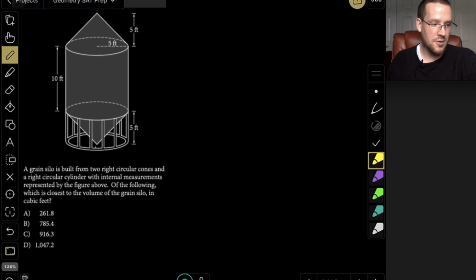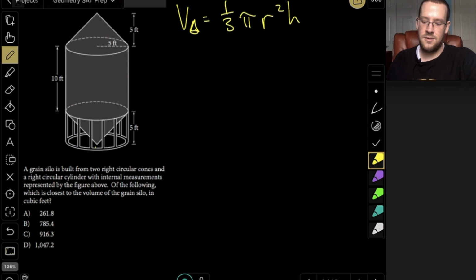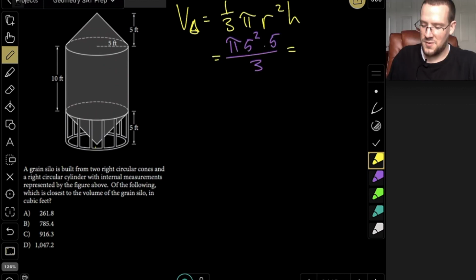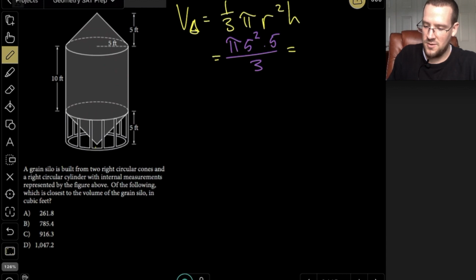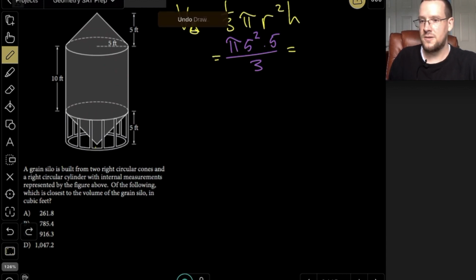So this is the volume of a cone. And again, this is given to us in the beginning. So the volume of the cone is going to be equal to 1/3 pi r squared height, so area of the base times the height divided by 3. Just because I want a nice decimal value, I'm going to have pi. Pi is junk, right? And how I treat the junk is I throw it in the trunk.